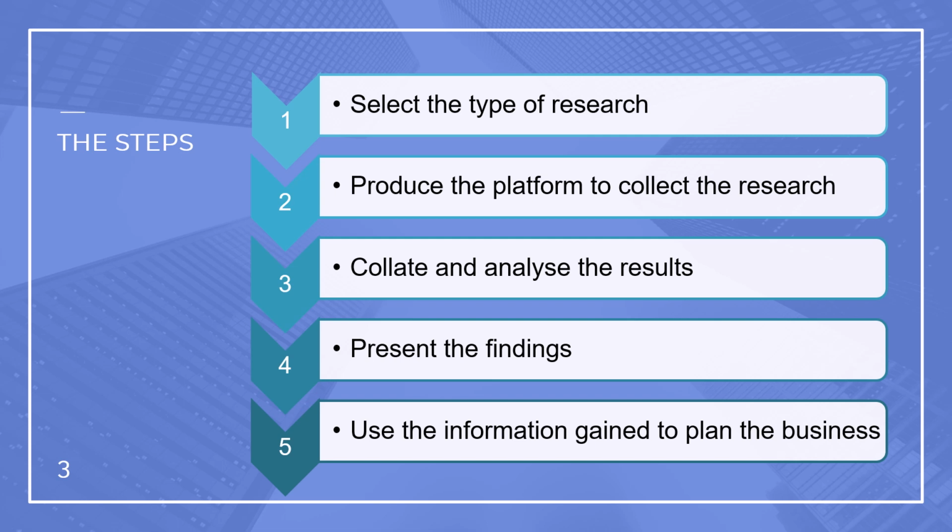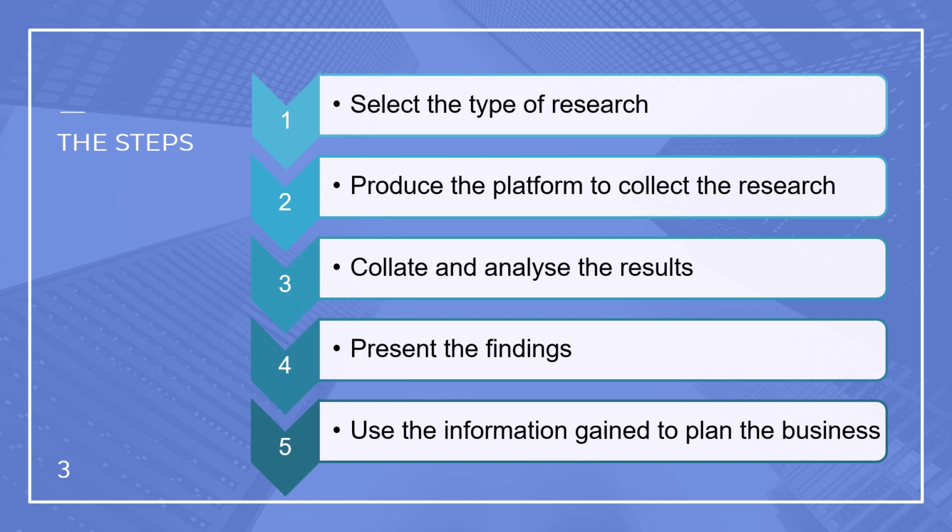Next one is to collate and analyze the results. So actually carry out the whole survey and then start to collect all of the information that you've gathered. Collate it all so that it's basically organizing it, and then analyze what you've actually collected. Next is you do a presentation of the findings.